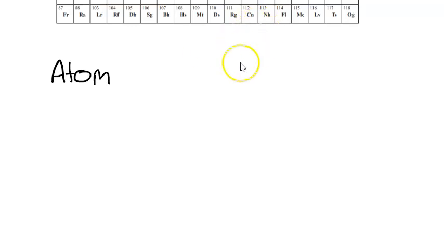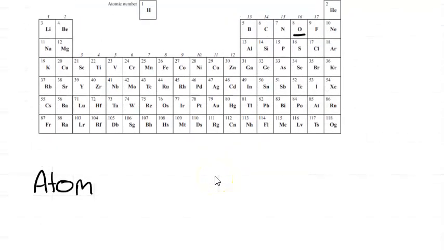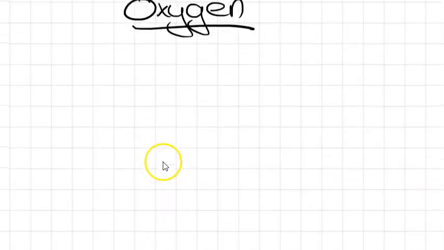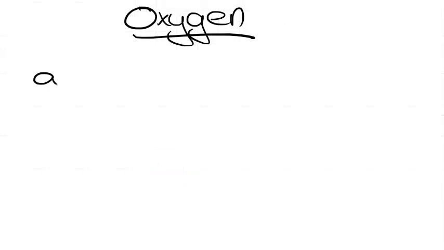Oxygen has the atomic number of 8, so that means it's going to have 8 protons in its nucleus. So we've got an oxygen atom with 8 protons in its nucleus.